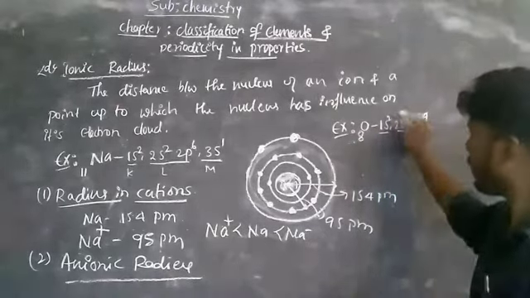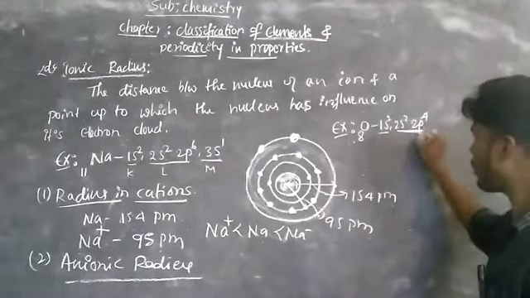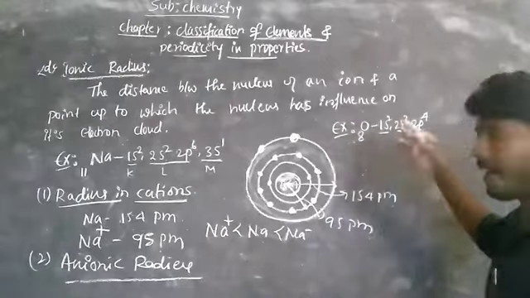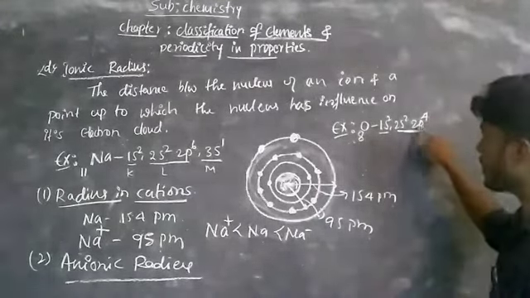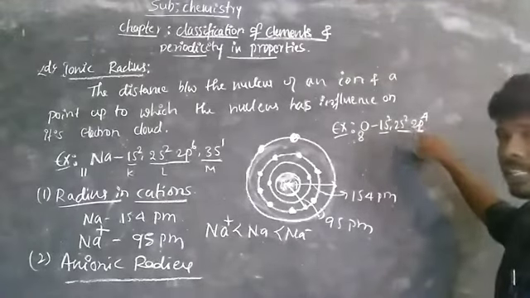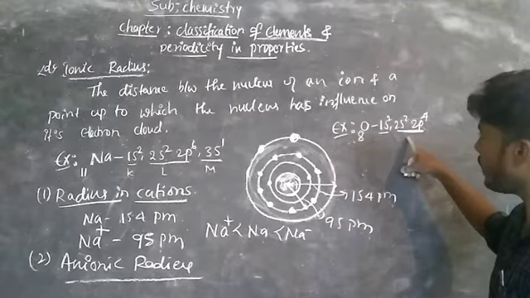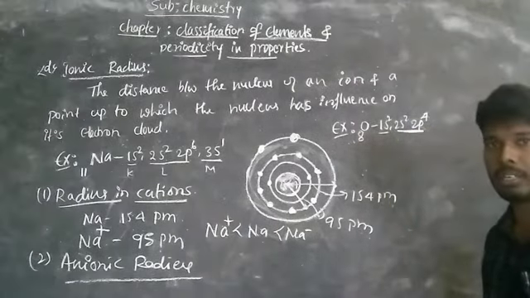The electronic configuration is 1s2, 2s2, 2p4. The outermost shell contains 4 plus 2, 6 electrons. To complete the octet configuration, we can add 2 electrons. It is easy to add 2 electrons rather than to remove 6 electrons.